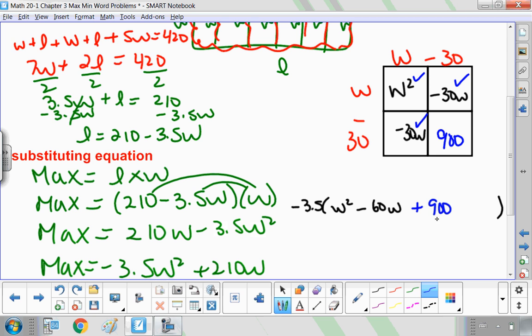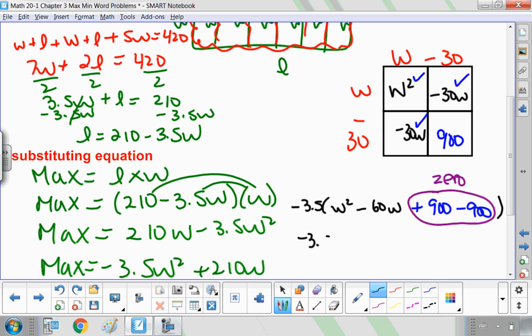So I'm going to add 900. As soon as I do that, I've changed the question, so I have to also subtract 900. 900 take away 900 is 0, and I can add 0 to any expression without changing its value.